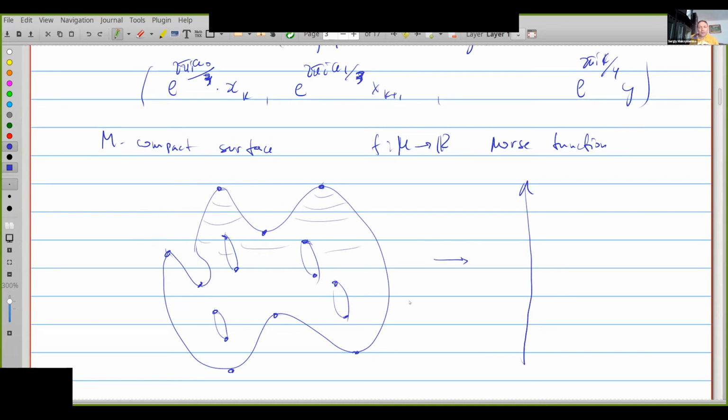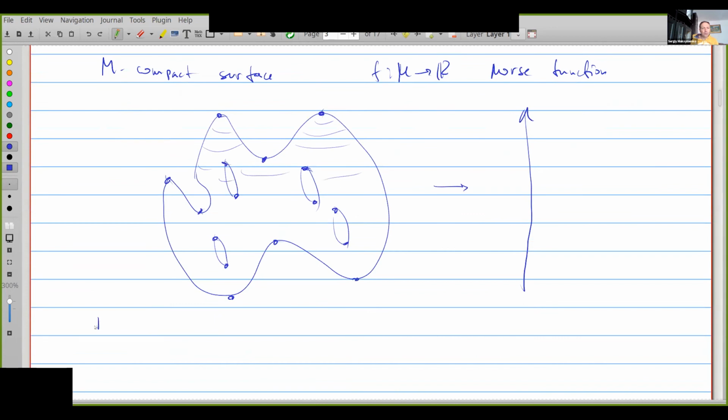Then there is a natural action. The group of diffeomorphisms of this M naturally acts on the space of smooth functions on M, and it acts by the following formula.